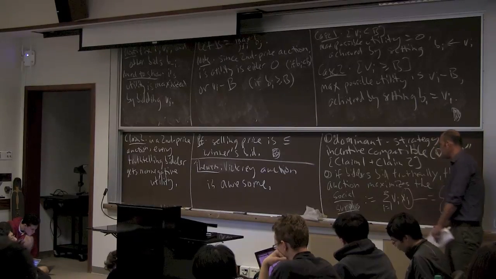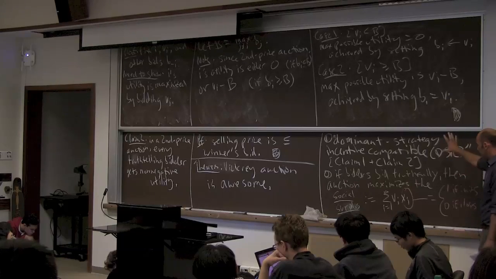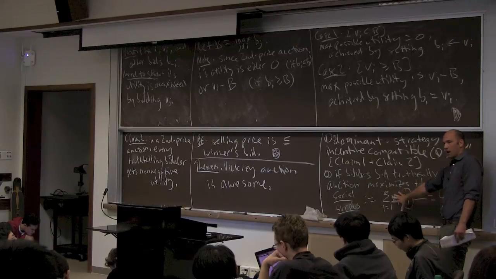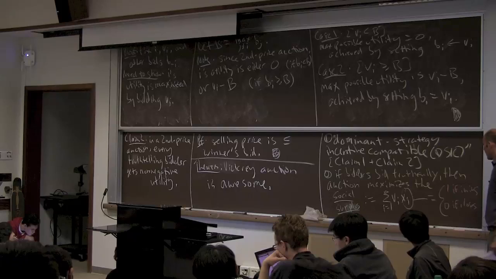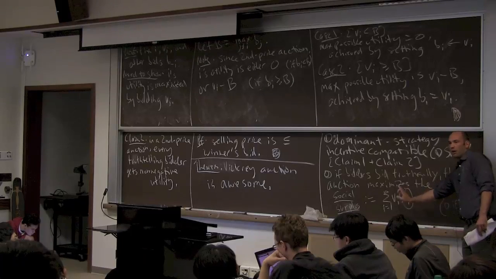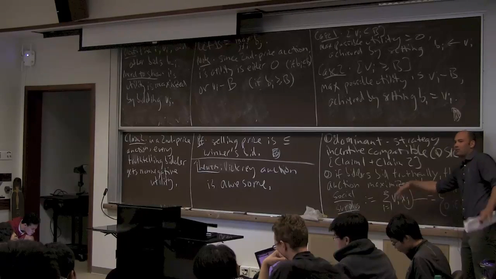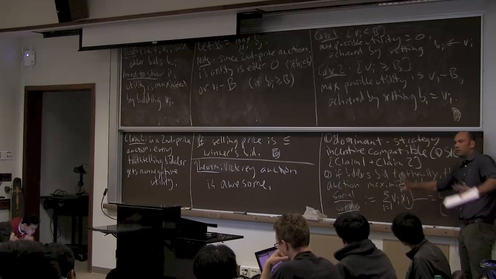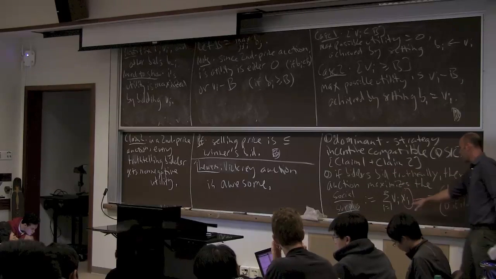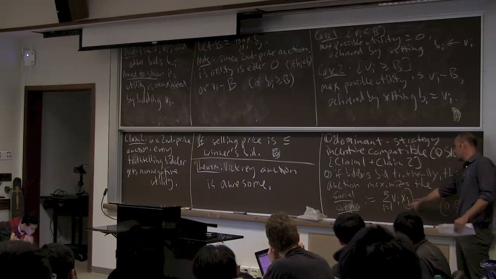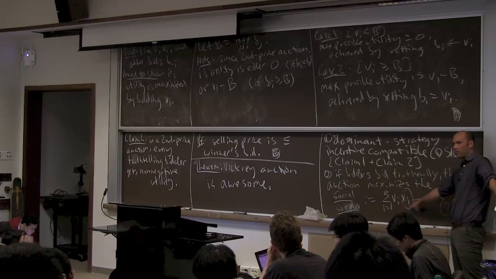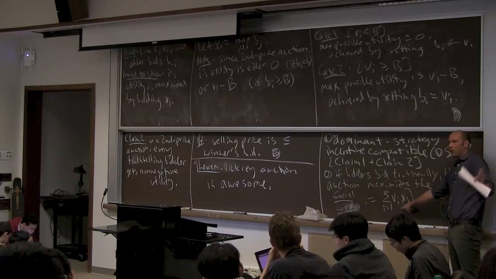So this is the claim. The Vickrey auction maximizes this sum, where the meaning of x_i is 1 if winner and 0 if loser. Now I've written it in a more general notation than I need to, just to move forward. But remember, there's only one copy of the item, so x_i is 1 for one person and 0 for the rest. So this is just the value of the winner.